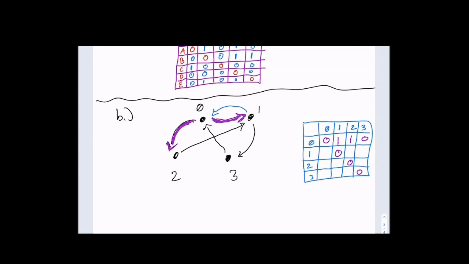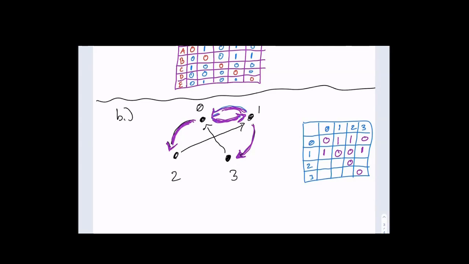All right, let's go to our next row. 1. What does 1 talk to? It talks to 0 and it talks to 3, and does not talk to 2. All right. What about 2?